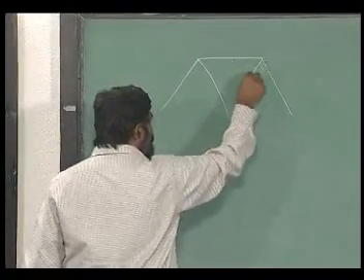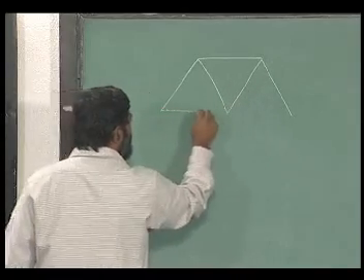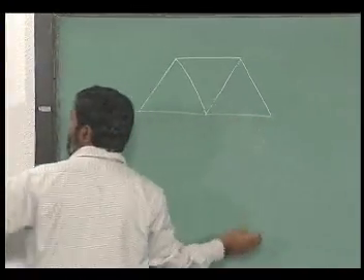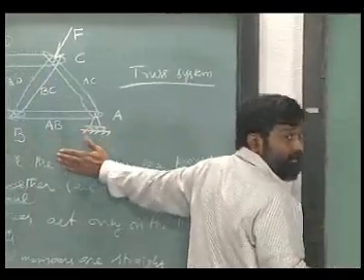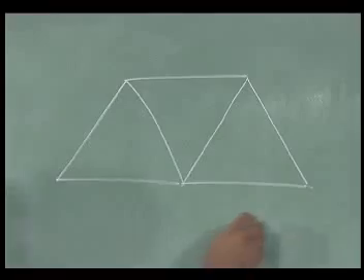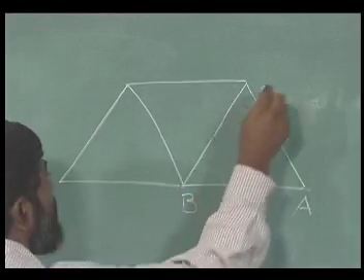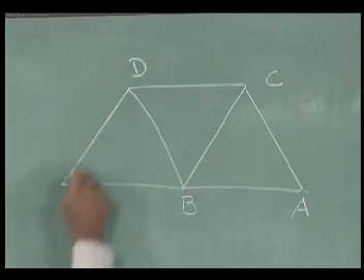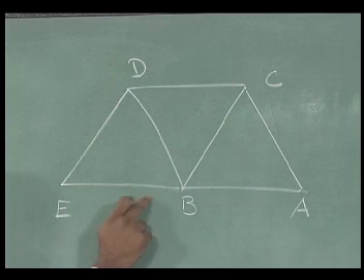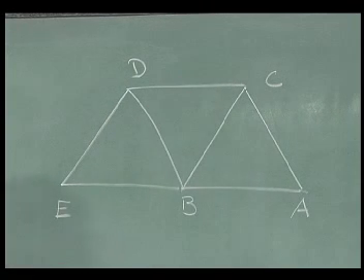It is easier to draw also. Looking at this, I can now write A, B, C, D and E, and all these are one dimensional or line members.